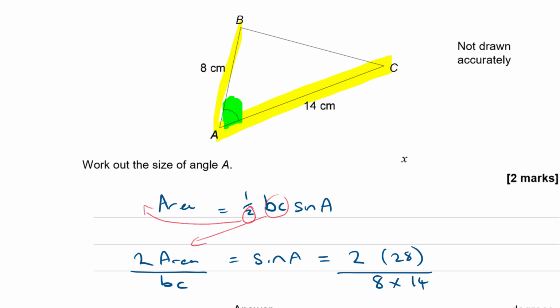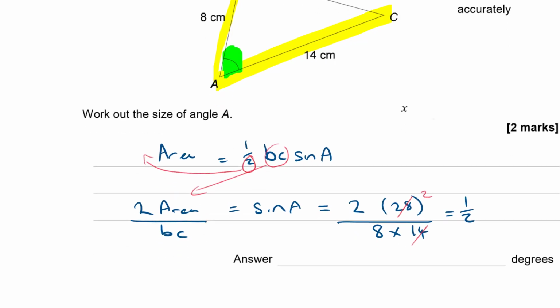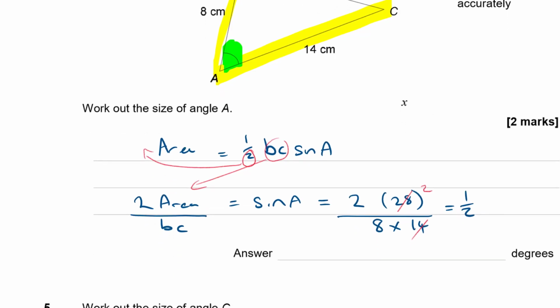Okay, so reaching for a calculator. Well, do I need to reach for a calculator? Let's see if I can work this out actually. That 14 cancels into the 28. 14 goes into 28 twice. 2 times 2 is 4, and 4 divided by 8 is a half. So the sine of my angle is equal to half. So I don't need a calculator. I just know what the angle is already. So if sine of my angle is a half, then A must be 30 degrees.